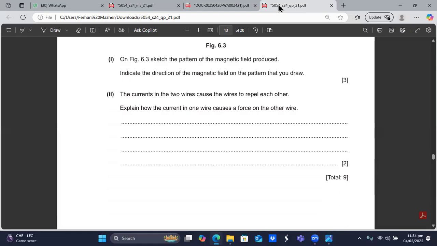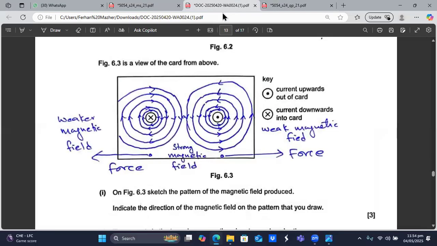The currents in the two wires cause the wires to repel each other. Explain how the current in one wire causes a force on the other wire. So you see in the middle here, the direction of the magnetic field is the same due to both of these.